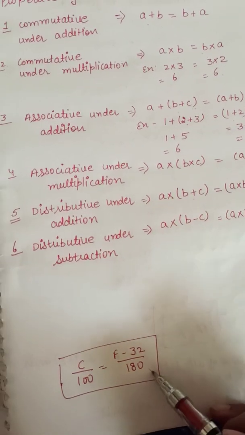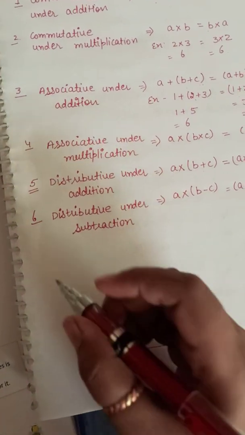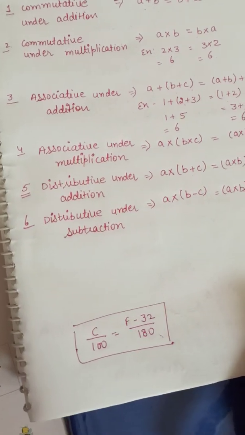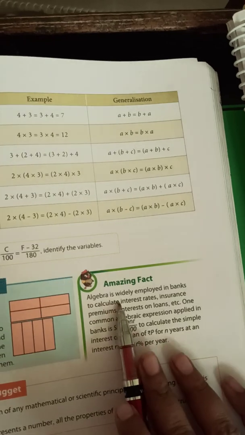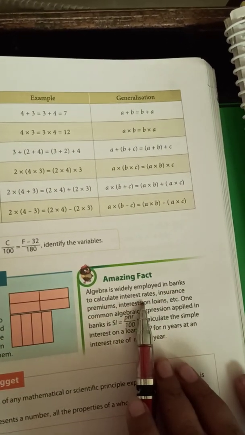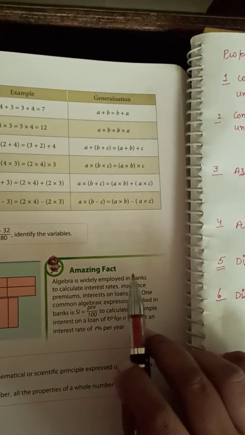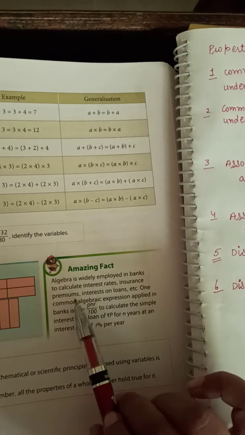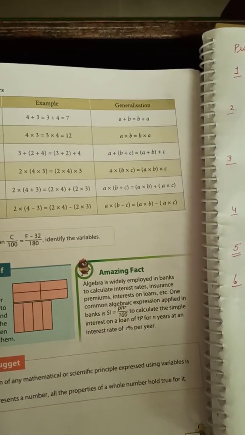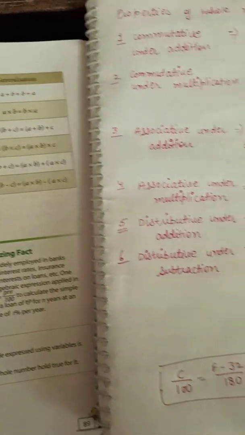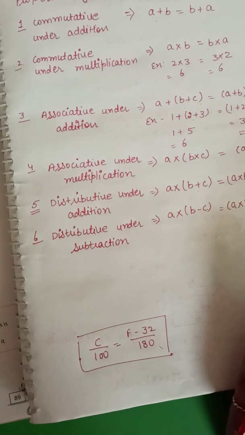Now in this you have to find the variables. After this there is one more question for you, that is, see, this is the fact written in your book. Algebra is widely employed in banks to calculate interest rate, insurance premiums, interest and loans. So see, this algebra is applied in bank also. One main is how they are finding the interest.